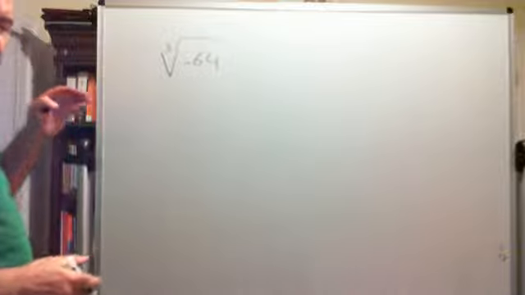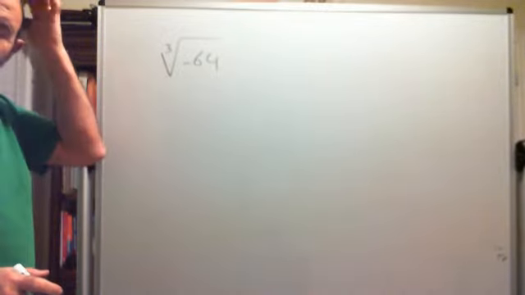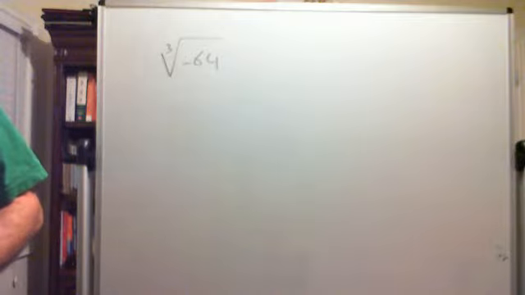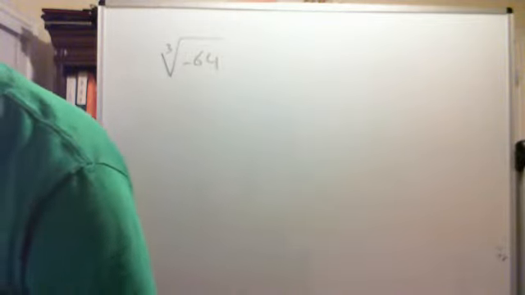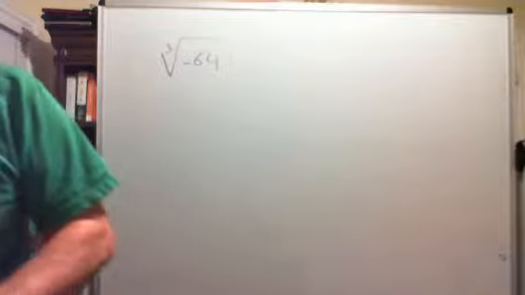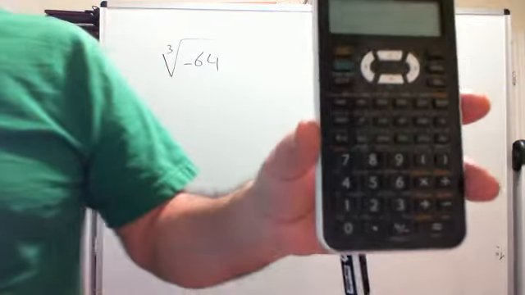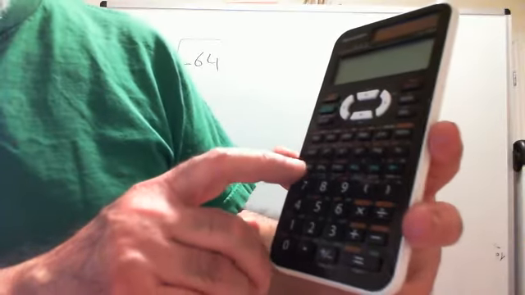We can use a calculator to find the cube root of negative 64. If you look at your calculator, let me see if I have the calculator here. Yeah, I have a calculator here. If you look at your calculator, let me see if it's visible. It's almost visible. Look here, you can find a key.